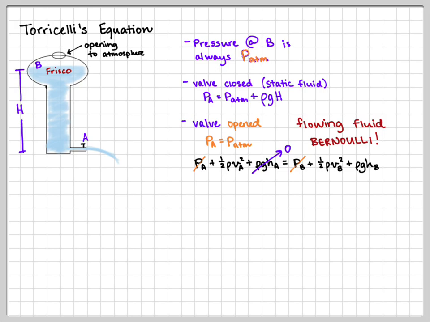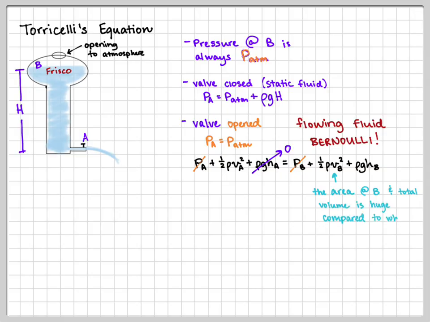Now, here's the big assumption for Torricelli's equation. This is the answer to one of your lab questions. You can use Torricelli's equation when the velocity of the height of the water column changes very slowly, because the volume is really big.